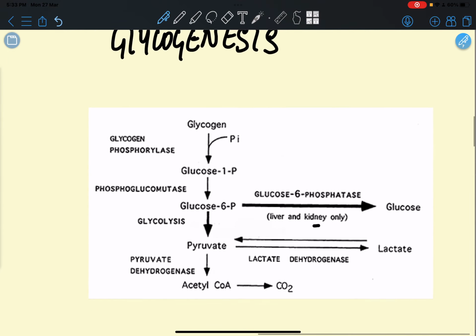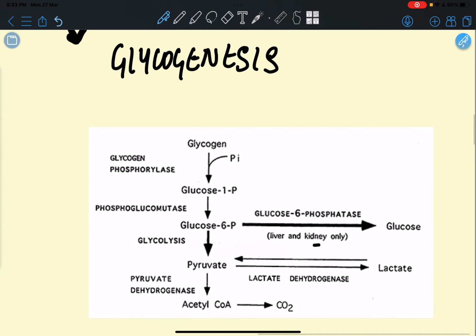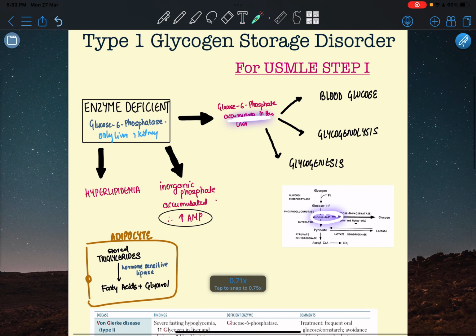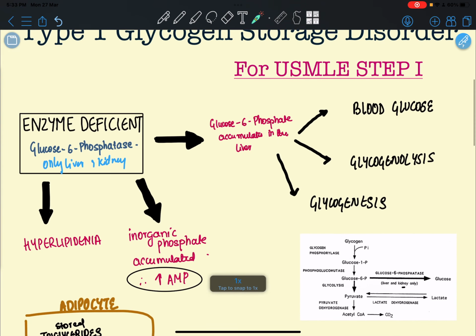Coming back to this, because of the deficiency of this enzyme, glucose 6-phosphate is accumulating in the liver, also in the kidney. This is causing further problems. First problem is, because glucose is not being formed because of the inhibition of this step, there is decreased blood glucose levels.